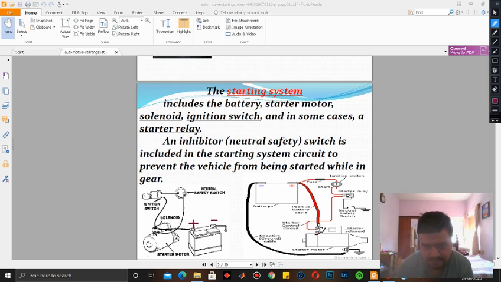The negative terminal of the battery, you see, is grounded with the earth. So this part is connected to the ground, and the other terminal goes from the positive to one part of the solenoid, right?